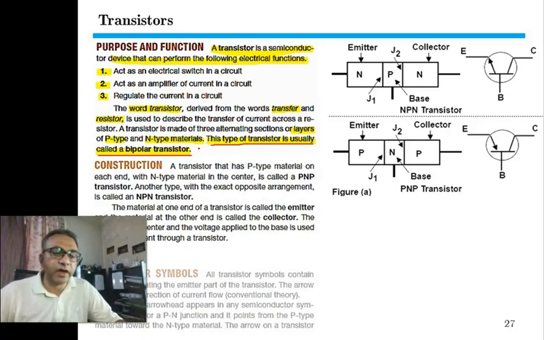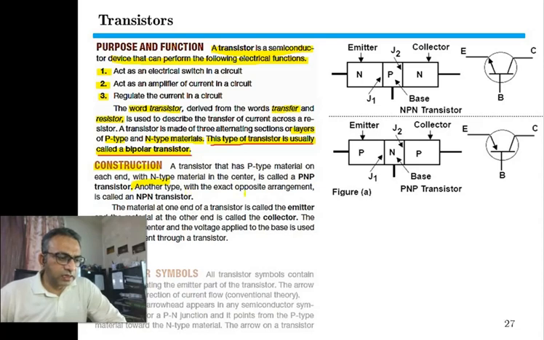We can have IGBT, insulated gate bipolar junction transistor, and so on. However, at this early stage, we are going to study bipolar transistors, the BJT, the bipolar junction transistor. A transistor that has p-type material on each end with n-type material in the center is called a PNP transistor.